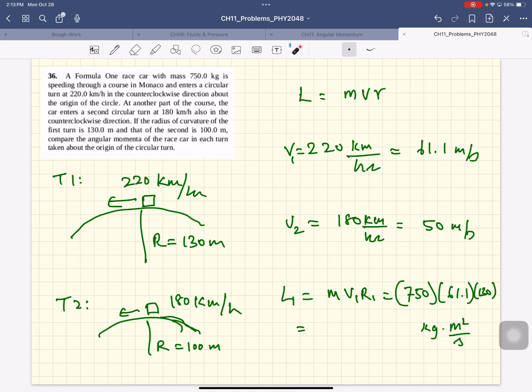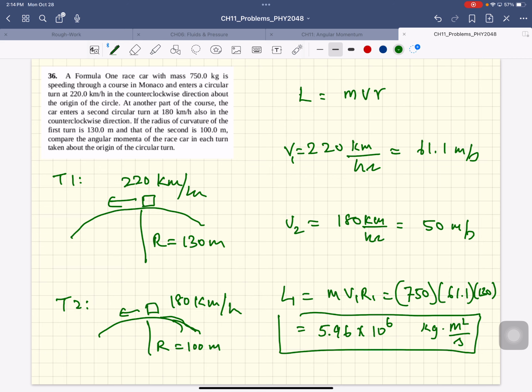Okay, those are the units, and this combination of units doesn't have any name. So you can apply for your name to be named after that. So the angular momentum is 5.96 times 10 to the power 6 in those units.